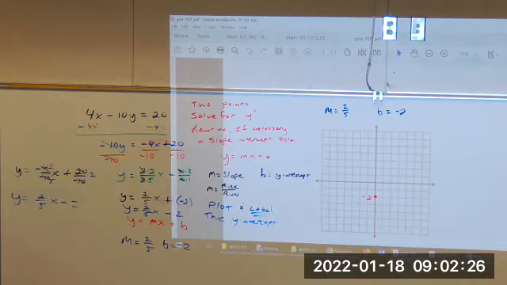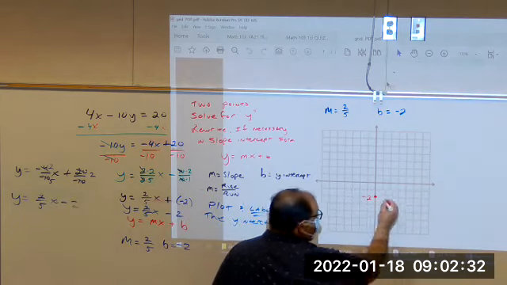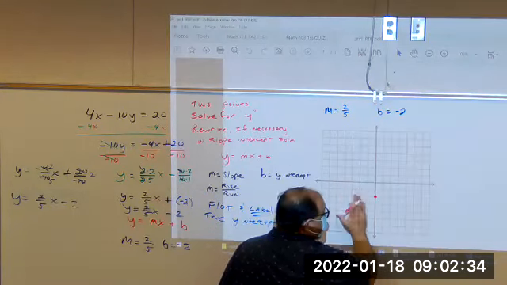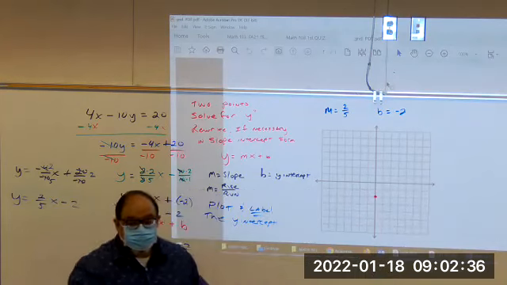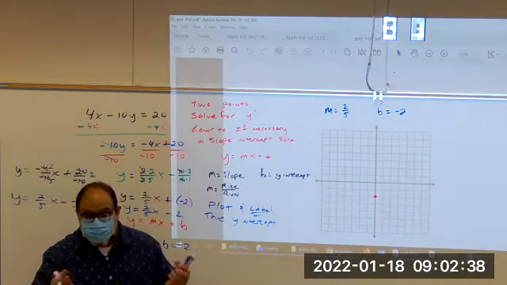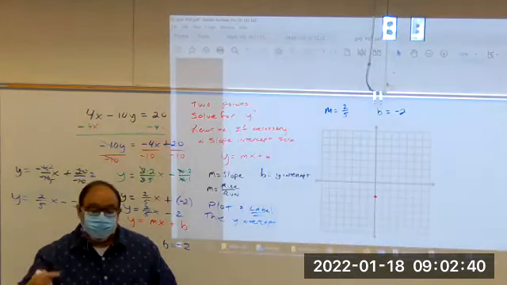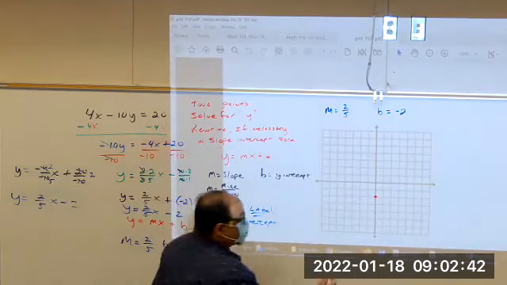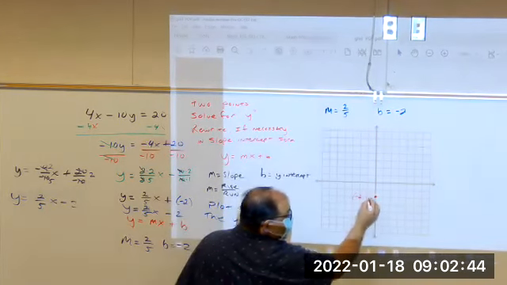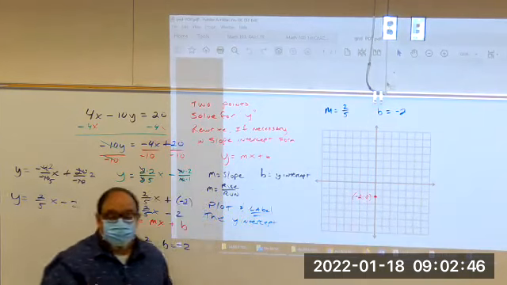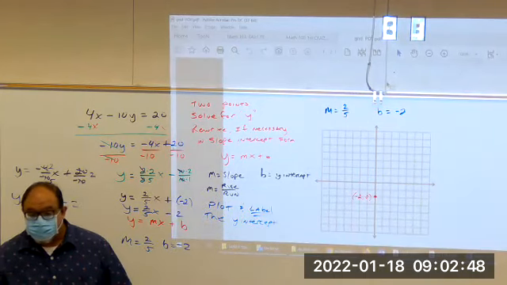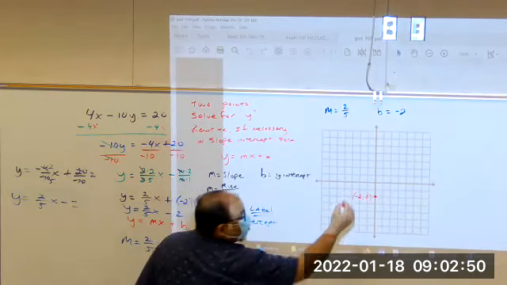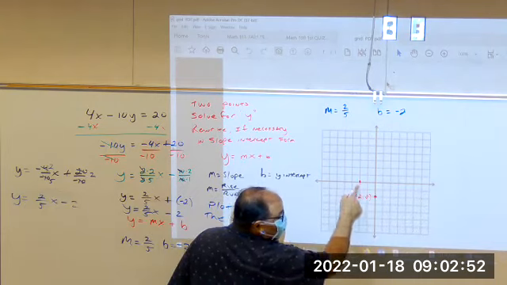You don't have to show me an ordered pair. Now, some of you can write an ordered pair, and some of you will try to write an ordered pair. Here's why I let you off the hook and don't make you write an ordered pair. You know it's a -2, but I've seen people do this. -2, 0, and they put it in the wrong spot. -2, 0 is up here.